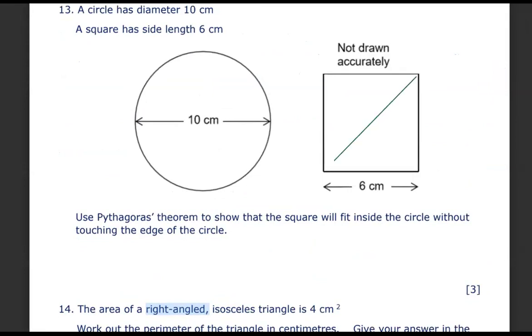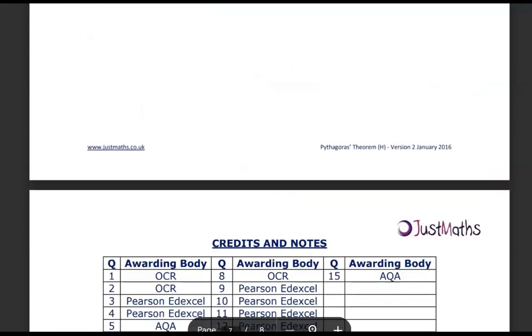So you have to find it this way. Now check it. 6 centimeters. So it's going to be 6 squared plus 6 squared. That's going to be 72. You now square root 72. What would you get? You should be getting something less than 10. So that means it can fit into it.